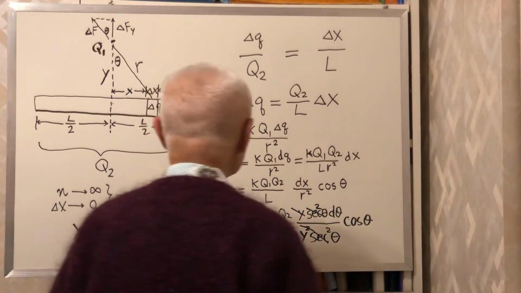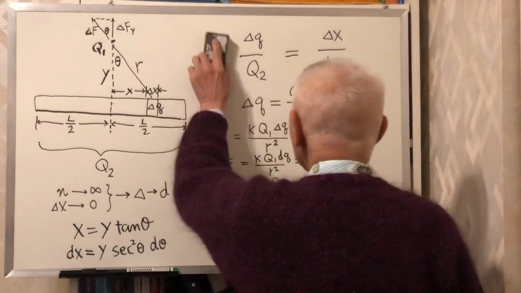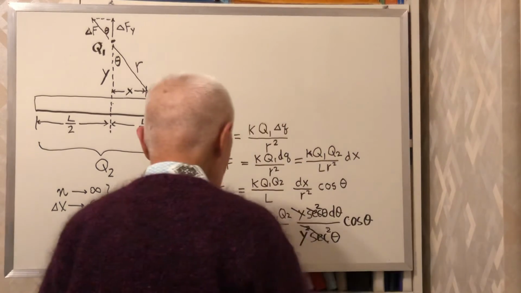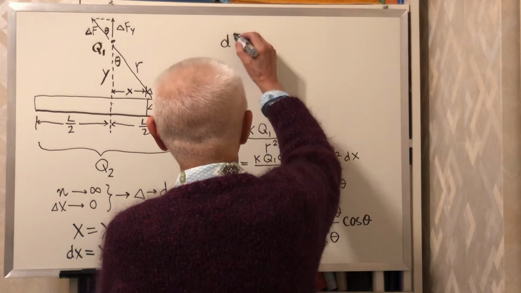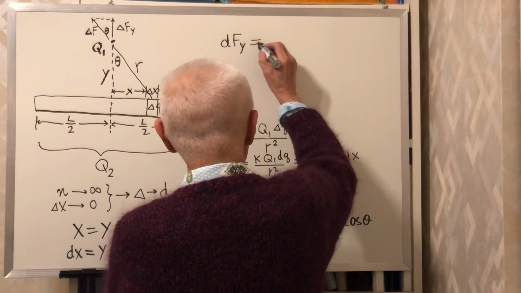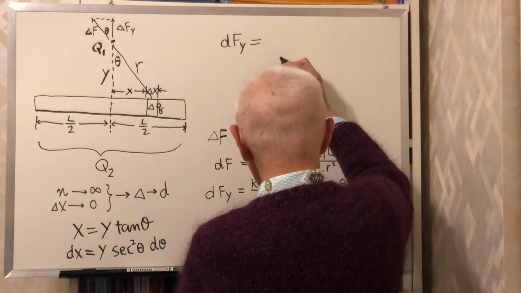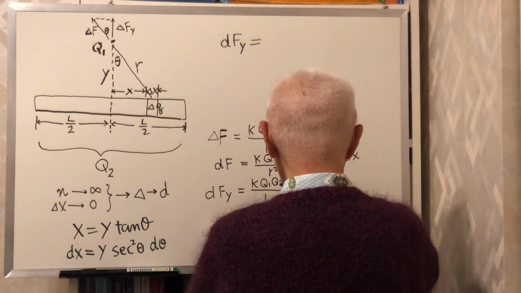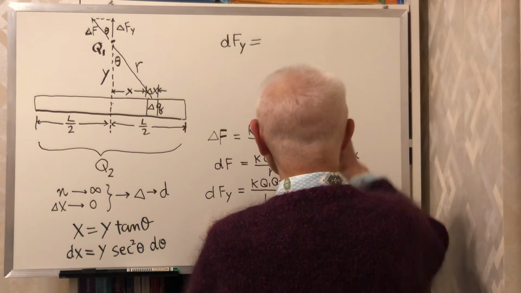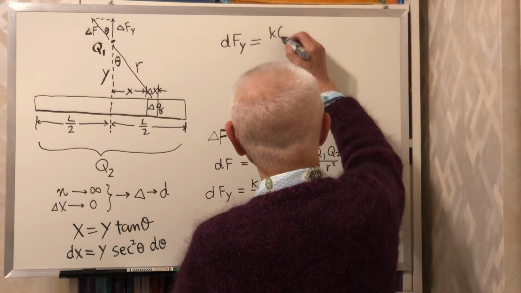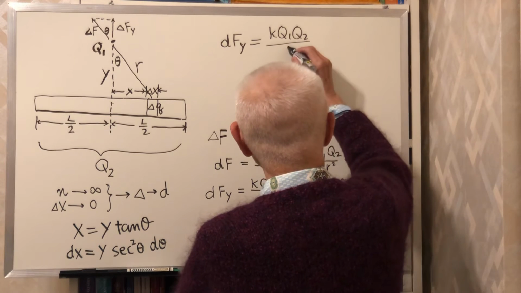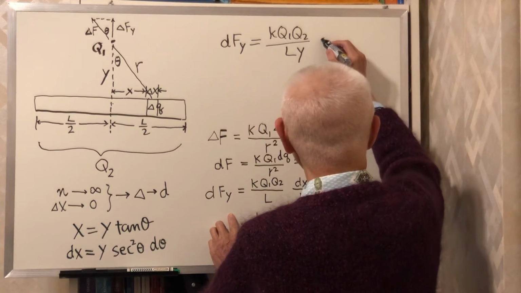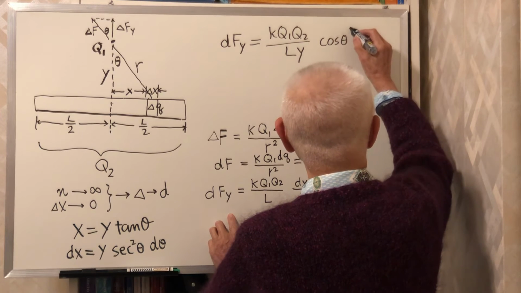So I have dFy equals k Q1 Q2 L over y, and cosine theta d theta.